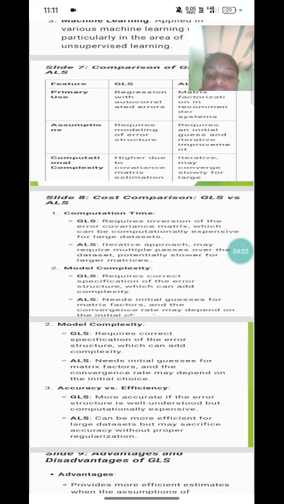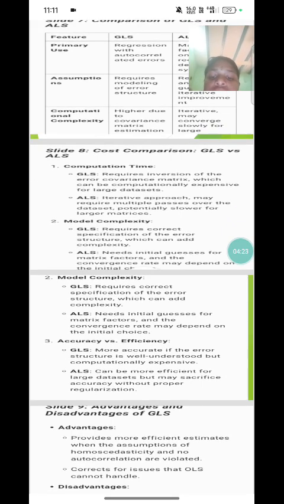Model complexity. GLS requires correct specification of the error structure, which can add complexity. ALS needs initial guesses for matrix factors, and the convergence rate may depend on the initial choice.